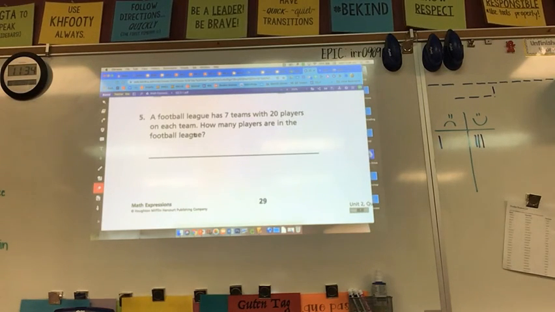Then it would be like 7 groups of 20, or your equation might be 7 times 20. Did we learn how to solve problems like that today? Yes. Oh, sweet. Guess what? 140. Class, your job now is to solve.